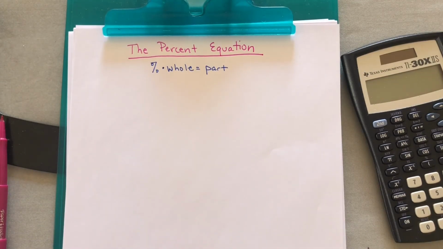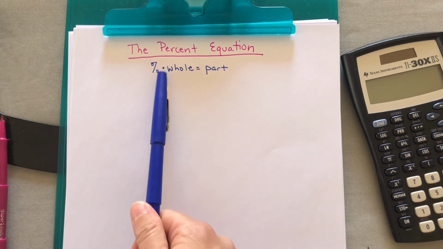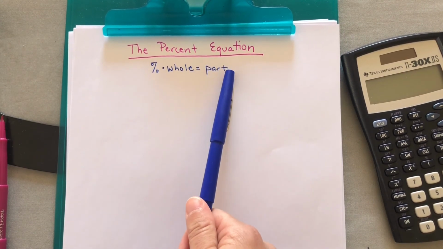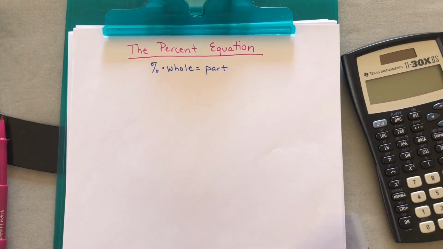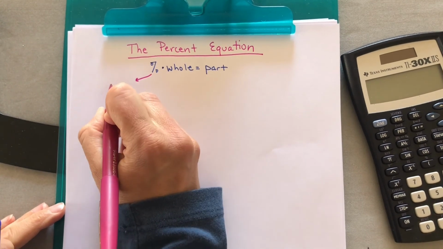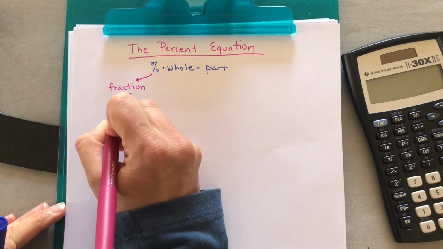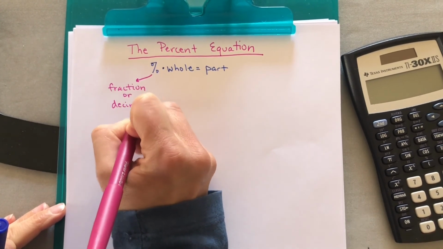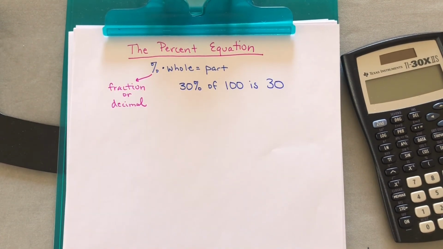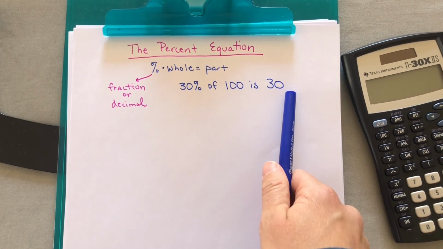So the percent equation is that if we multiply a percent by our whole amount, we get the part that we're looking for. The thing we need to remember with the percent equation is that the percentage needs to be written as a fraction or a decimal for this to work. So for example, we know that 30% of 100 is equal to 30.